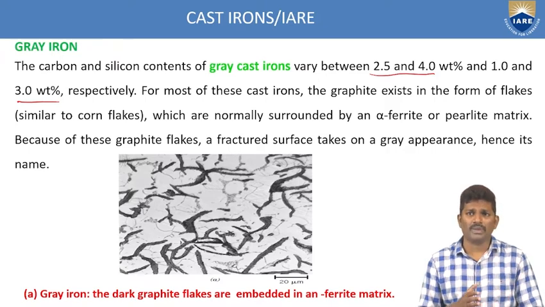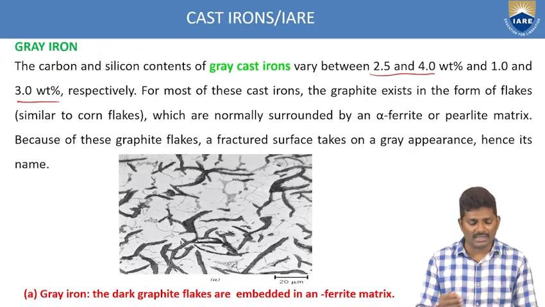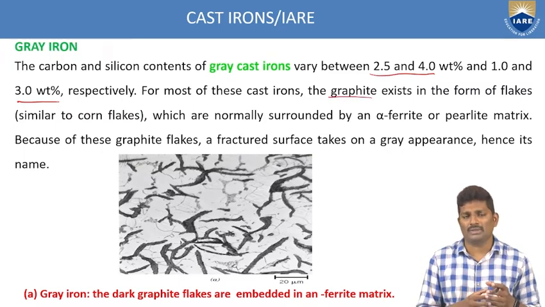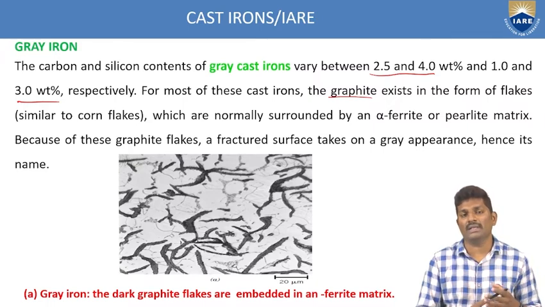In most of these cast irons, the graphite exists in the form of flakes. Wherever grey cast iron is there, the graphite exists in the form of flakes. By seeing the structure of the material, you can easily identify what type of material it is, whether it is a grey cast iron, white cast iron, or normal cast iron. You have to identify depending upon the microstructure arrangement.